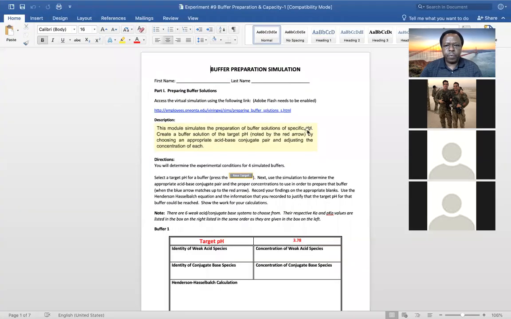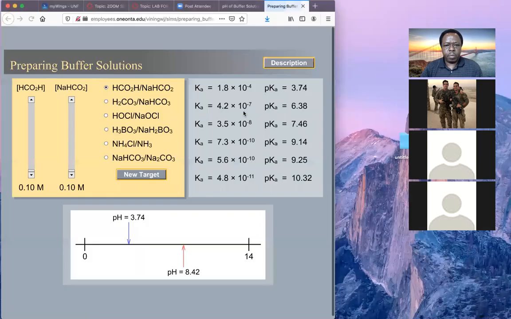This is the site for the simulation, and if it doesn't play, I may go ahead and embed it on Canvas. Last week, somebody had a problem playing the Adobe Flash on their computer, but mine will just automatically load, all right?